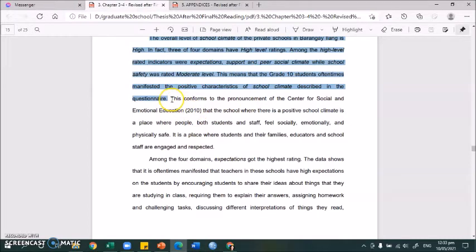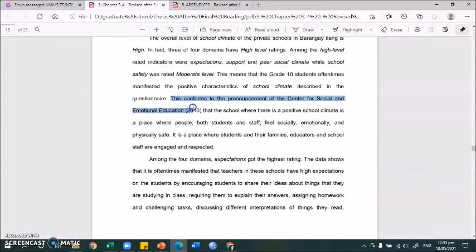So, sabi ng author, this conforms to the pronouncement of the Center for Social and Emotional Education 2010 that the school where there is a positive school climate is a place where people, both students and staff, feel socially, emotionally, and physically safe. Okay, it is a place where students and their families, educators, and school staff are engaged and respected.